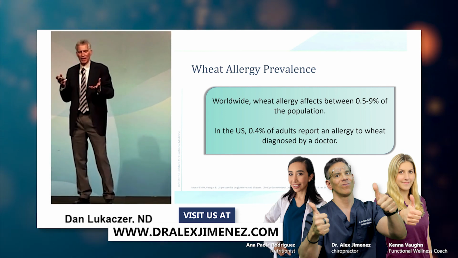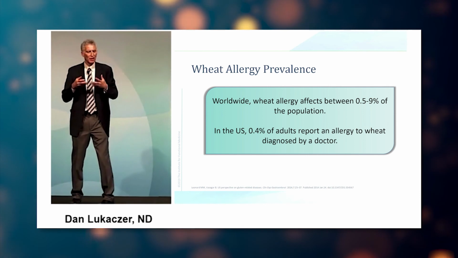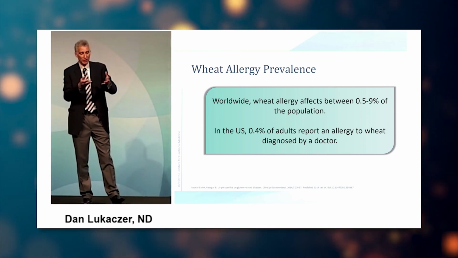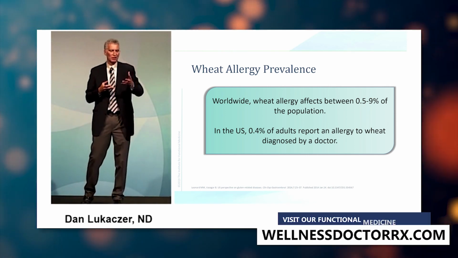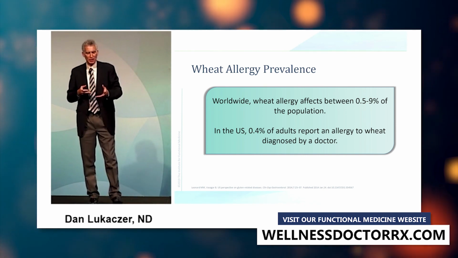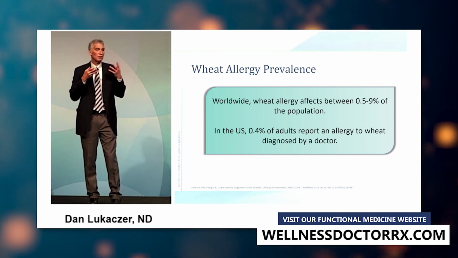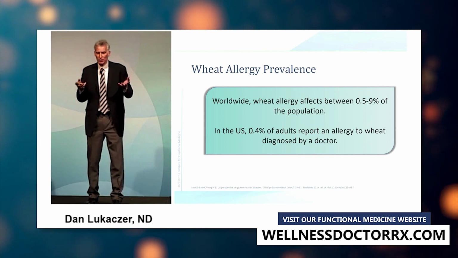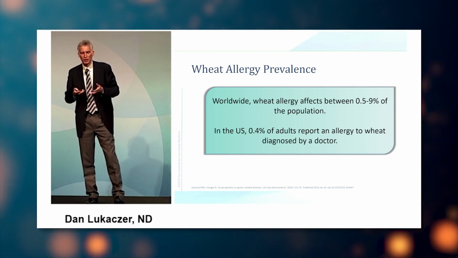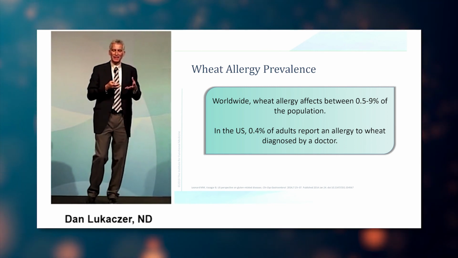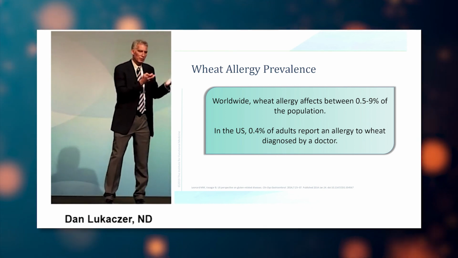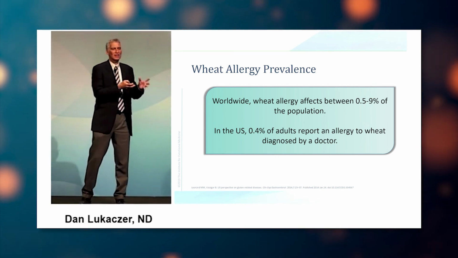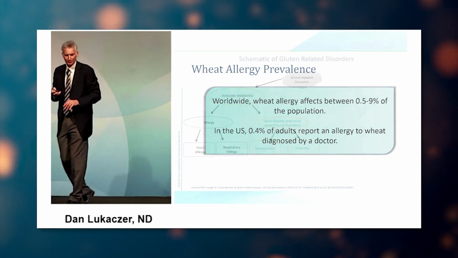Probably about 0.5% to 1% of the U.S. or worldwide population, and maybe a little bit less in this 2014 study for the U.S. population. So we're still talking about a significant number of people, and we've already discussed how to assess for food allergies, including a wheat allergy.